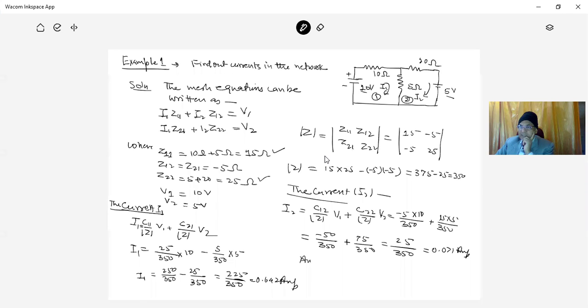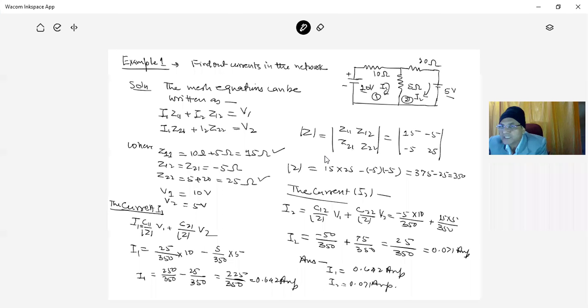So the answer is I1 is 0.642 ampere and I2 is 0.071 ampere. So these are the two currents, and these currents can be solved through the other method also.